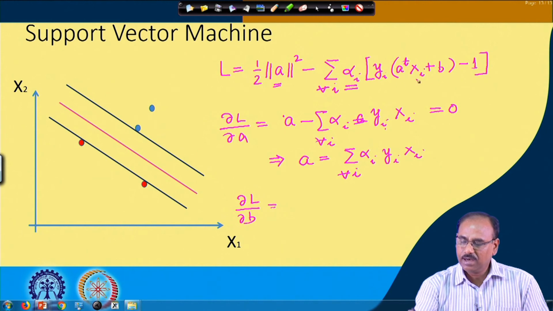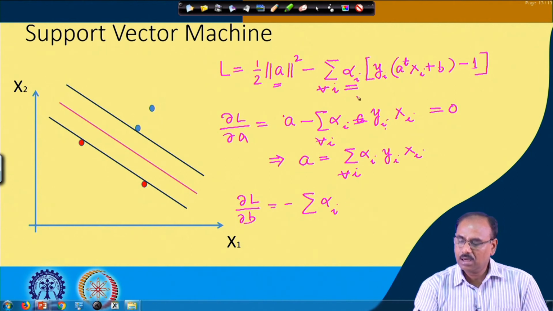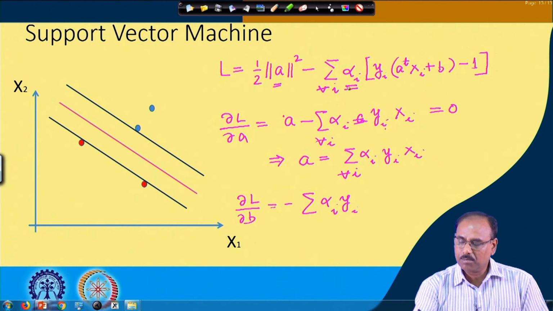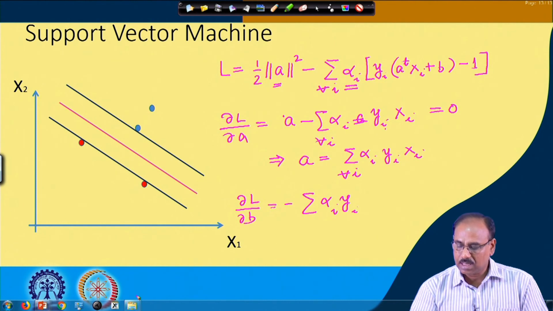Over here, it becomes minus sum of alpha I, yi, b. So, if I differentiate this with respect to b, it simply becomes sum of alpha I, yi, and if I equate that to 0, this simply gives me that sum of alpha I, yi has to be equal to 0.